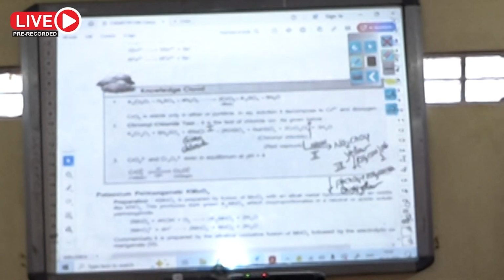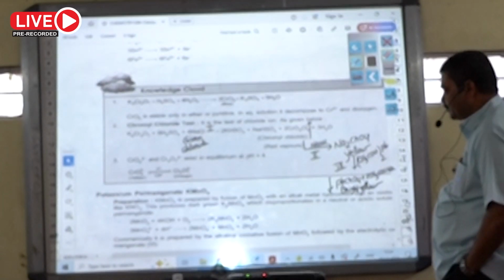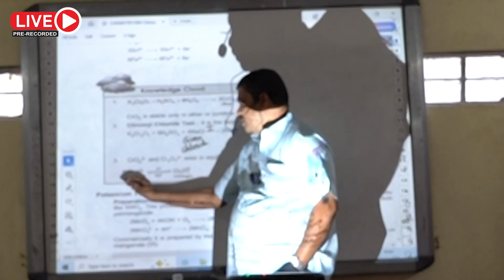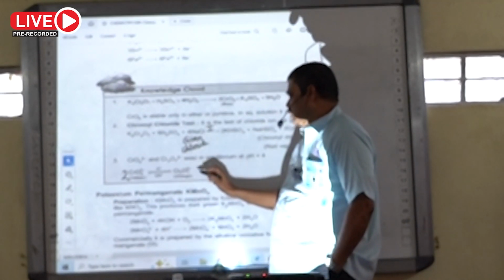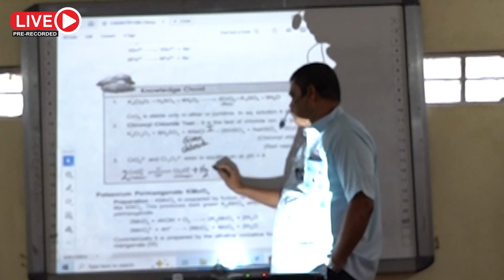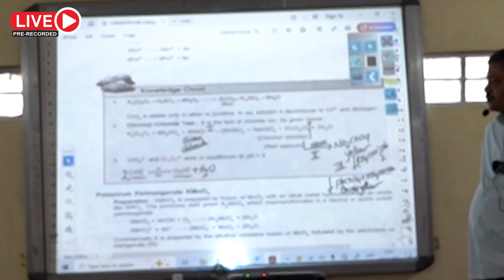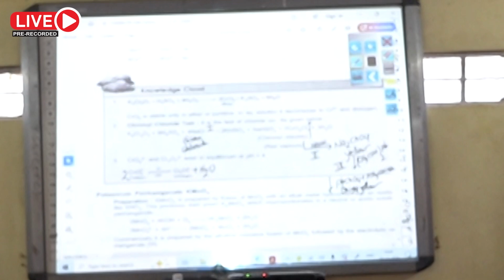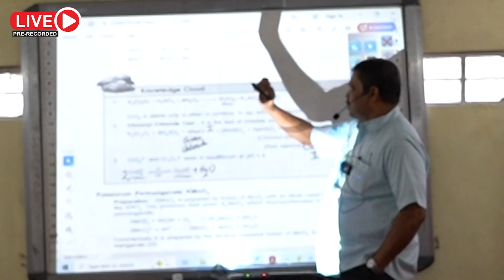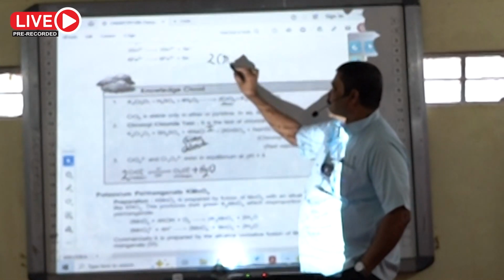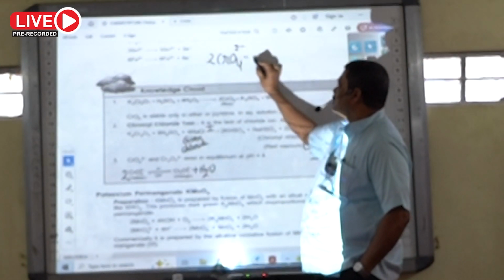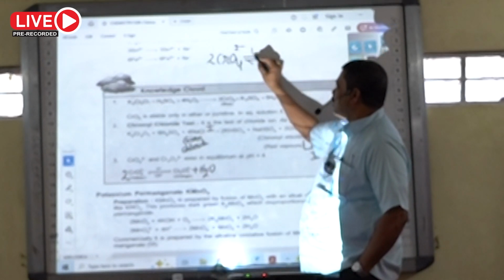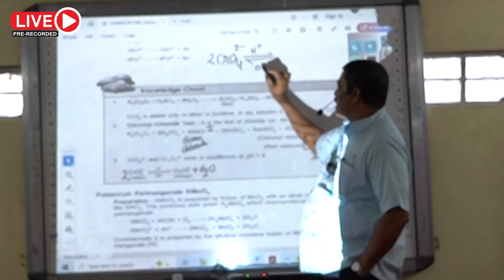Write that equation. 2CrO4 2 minus, in the forward direction H plus, in the reverse direction OH minus, giving dichromate. This means chromate and dichromate.